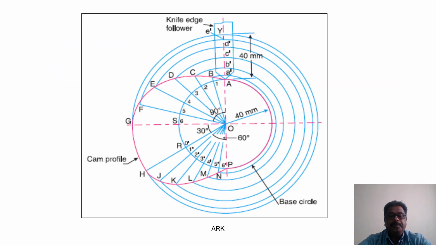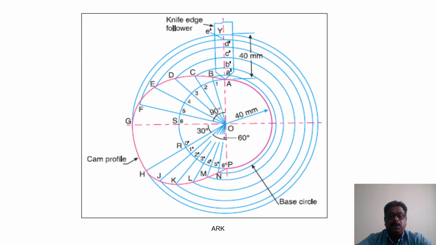Knife edge follower. Draw a circle of 40 mm in diameter and, in the anti-clockwise direction, mark the outward stroke 90 degree, dwell period 30 degree, return stroke 60 degree, and the remaining 180 degree for dwell. Then divide the 90 degree into 6 equal parts, as we did for the displacement diagram.